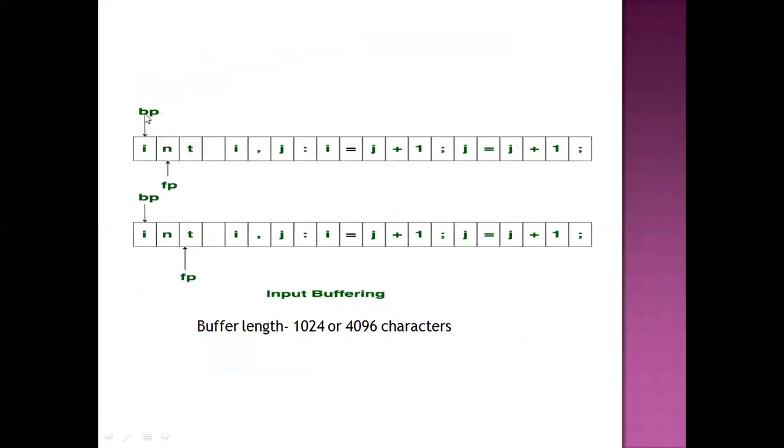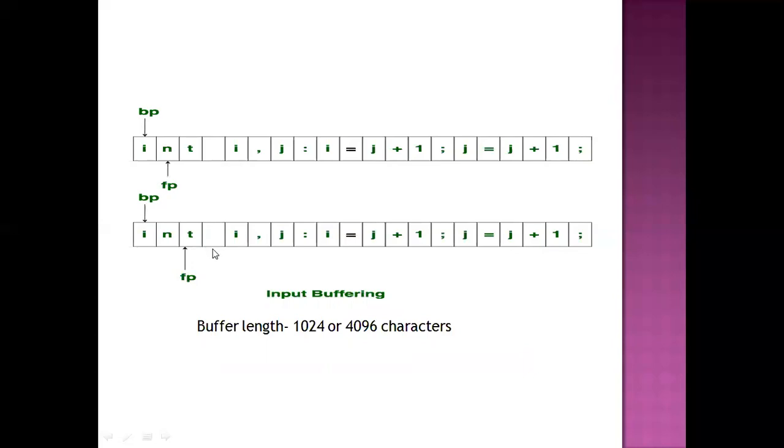See here, this is the begin pointer, and the forward pointer is moving to the next character. The next character is n. After that the forward pointer moves again. After int, one blank space occurs. When the forward pointer moves to the blank space, the begin pointer also comes here.